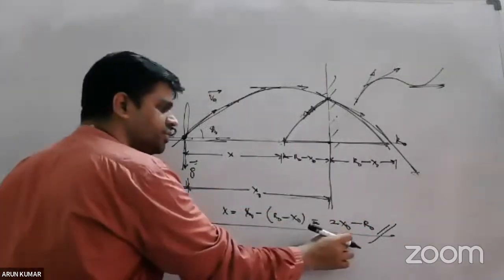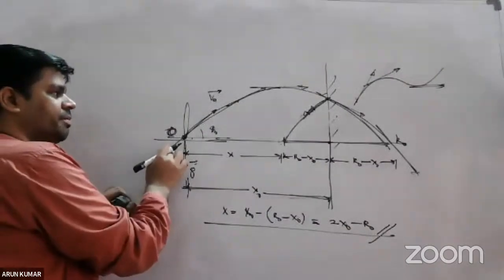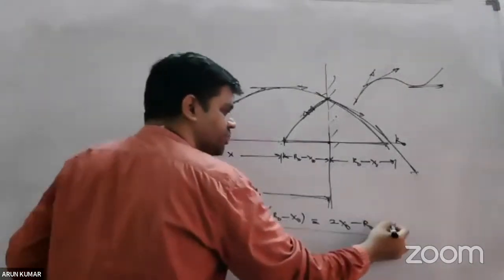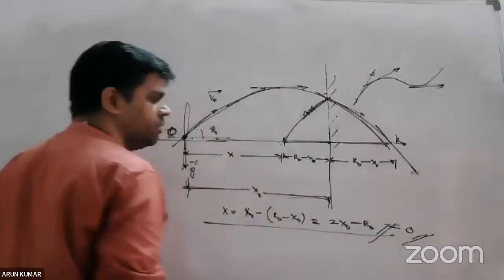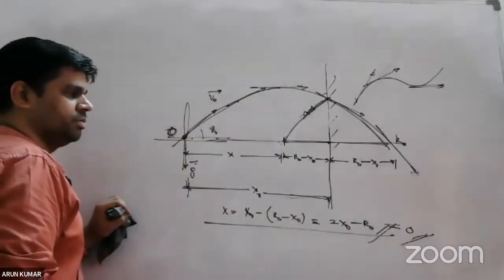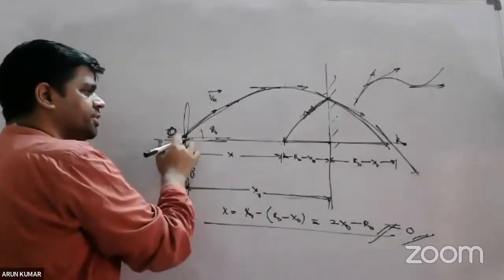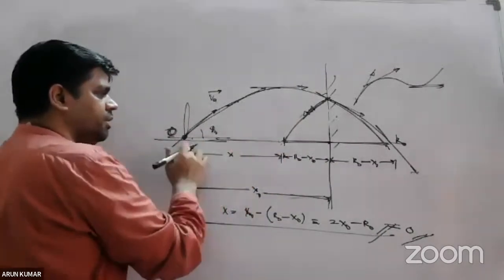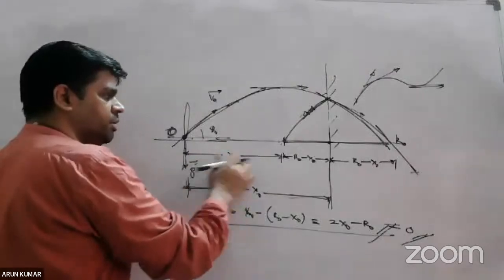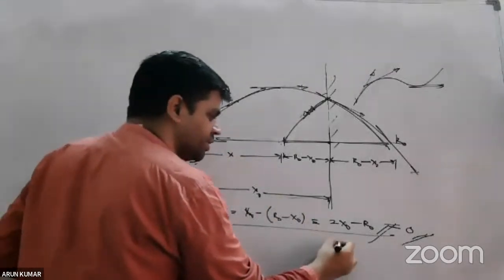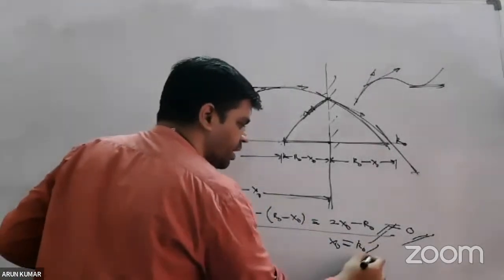If I ask you what x naught should be such that the particle comes back to the origin, what do we do? x should be equal to 0. If the particle is supposed to come back to the origin, this point has to become 0. So x naught is equal to r naught by 2.